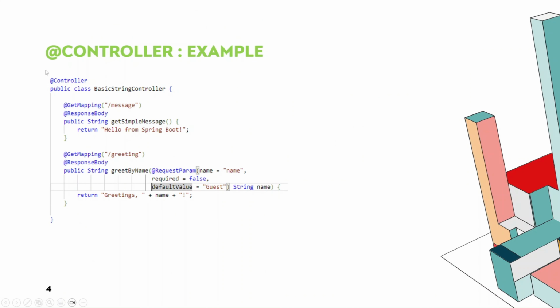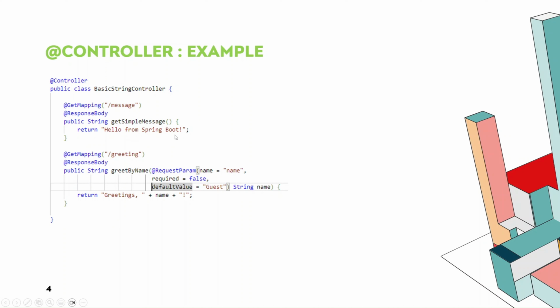This is a basic example of a controller. Here the basic string controller is a class annotated with Controller, and this is a method returning a string. That's the reason I'm adding ResponseBody, so this method is going to send a string.